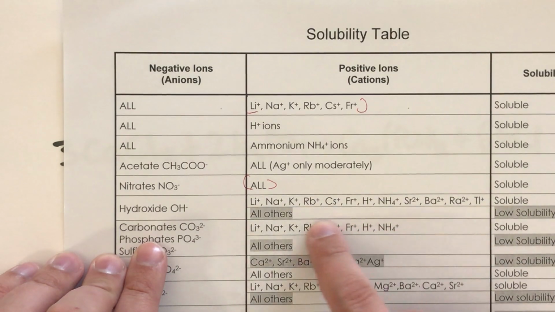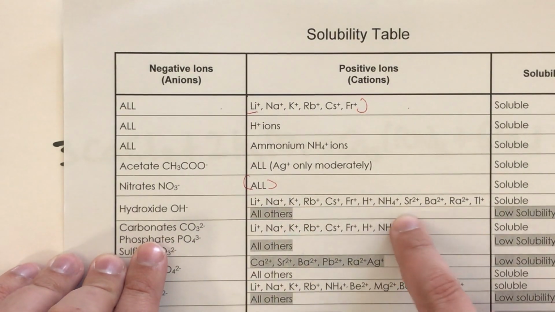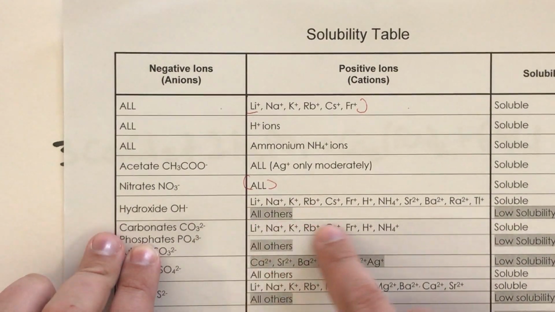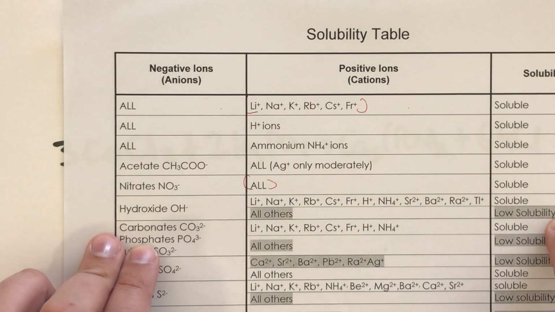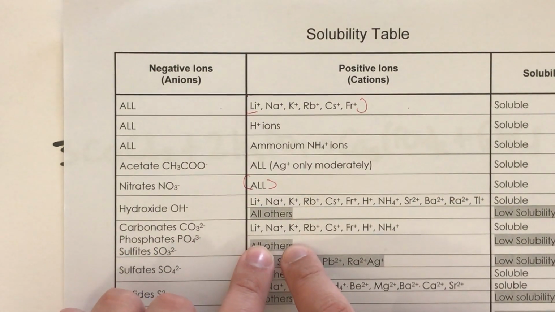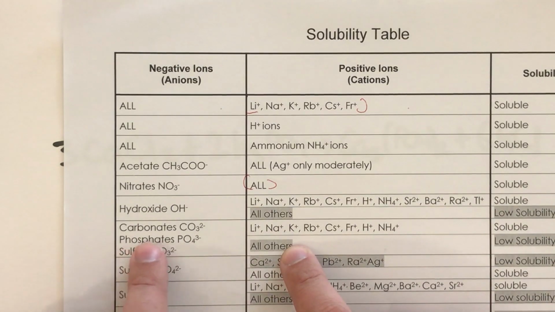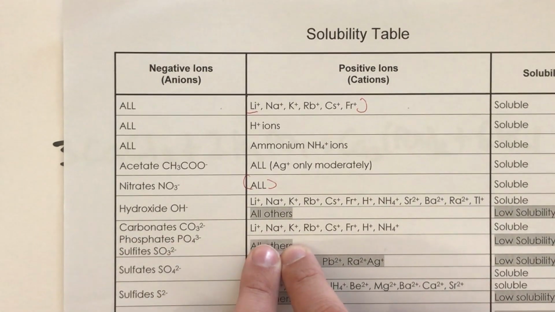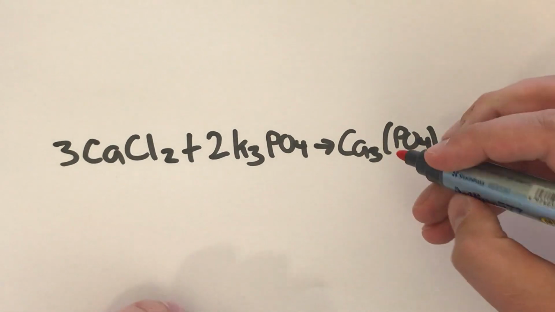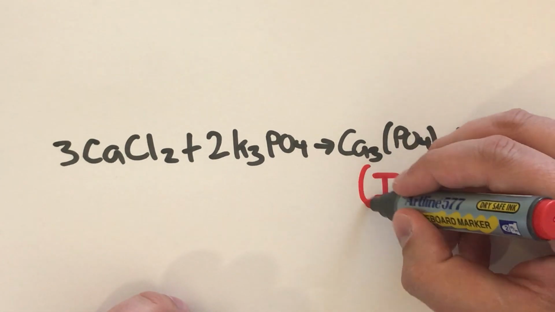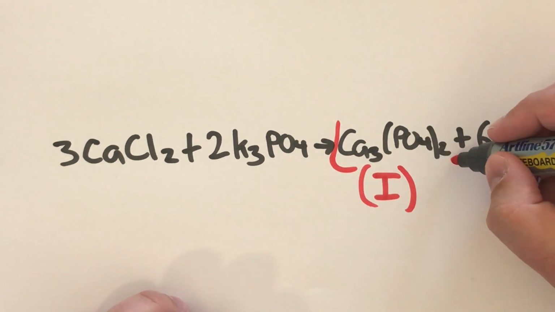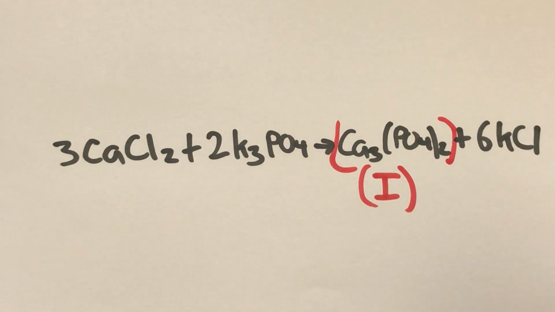There's no Ca there. These are all the phosphates that are soluble, which means calcium falls in the all others, which would mean that calcium phosphate, in this case, has a low solubility or is insoluble. So the precipitate forms with calcium phosphate.